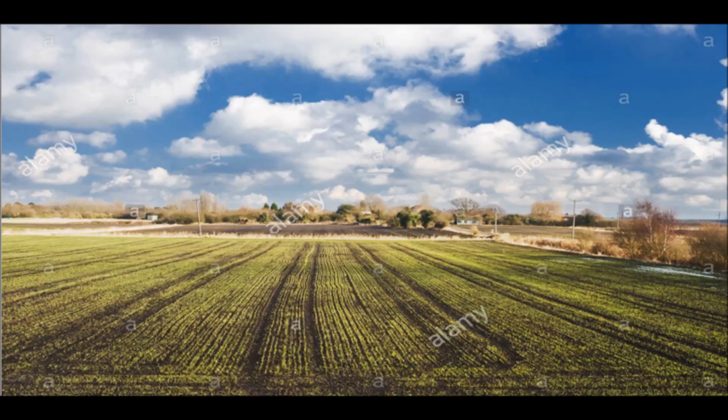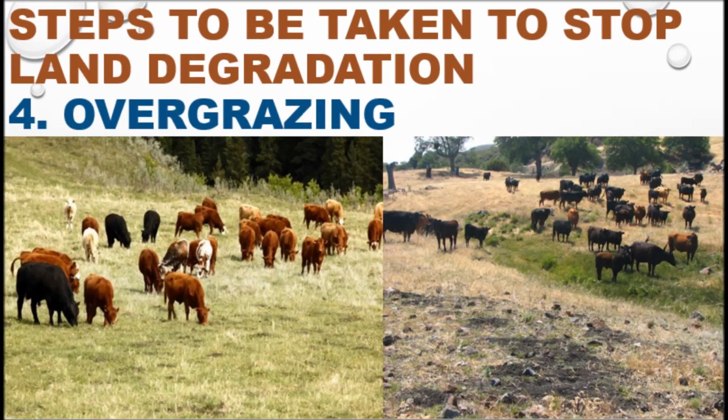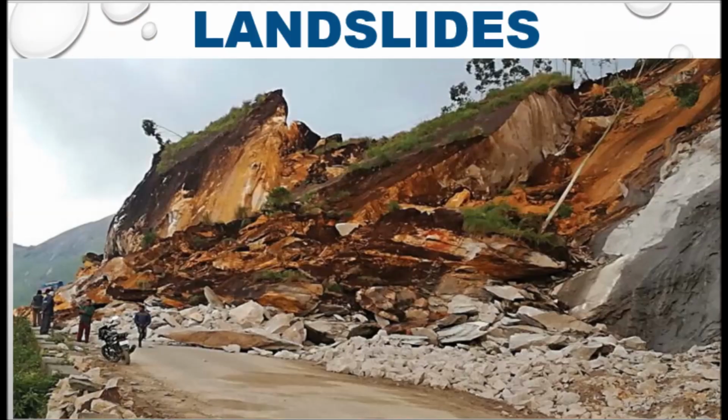It also means that the land which were not used before because of certain reasons are brought under effective use. Number 3, the correct use of chemical pesticides and fertilizers. Number 4, check on overgrazing. Now, overgrazing occurs when plants are exposed to intensive grazing for extended periods of time.